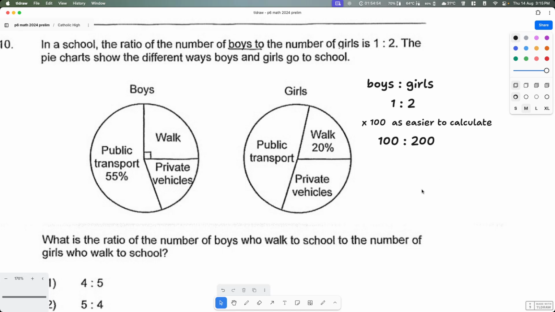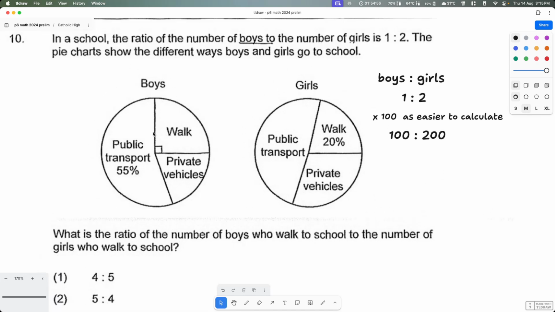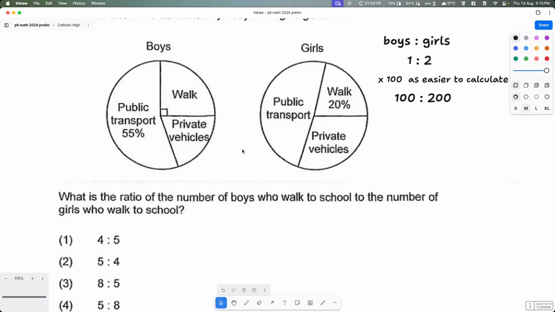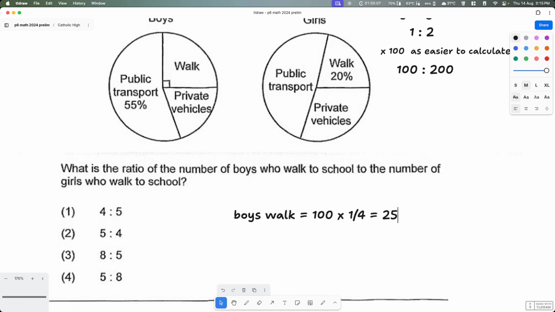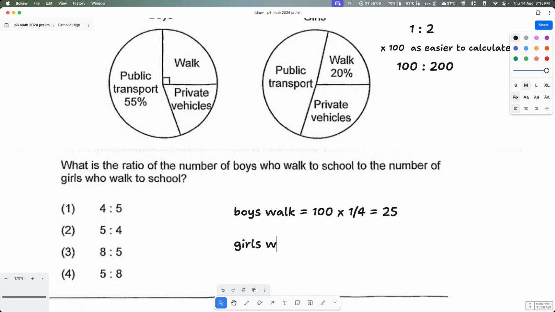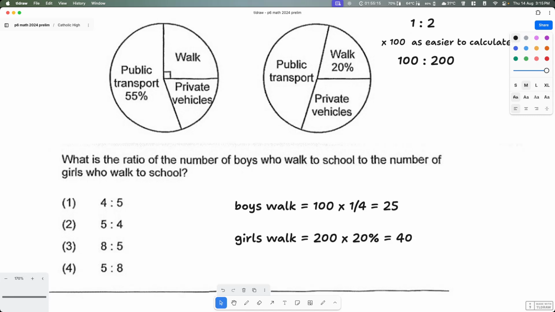Now, boys who walk is equal to 100 times 1 over 4, which is 25. Then girls who walk is equal to 200 times 20%, which is 40 people.